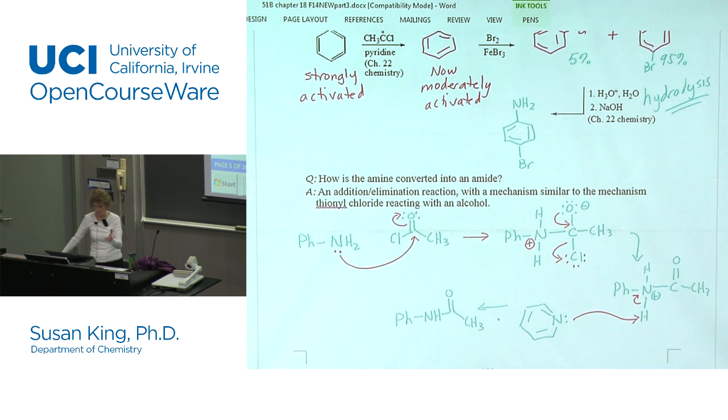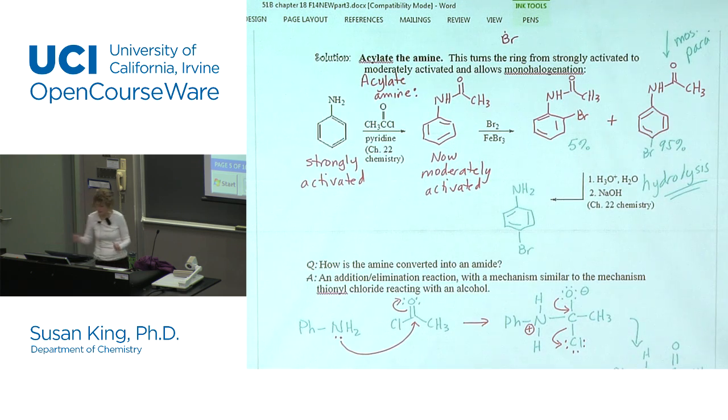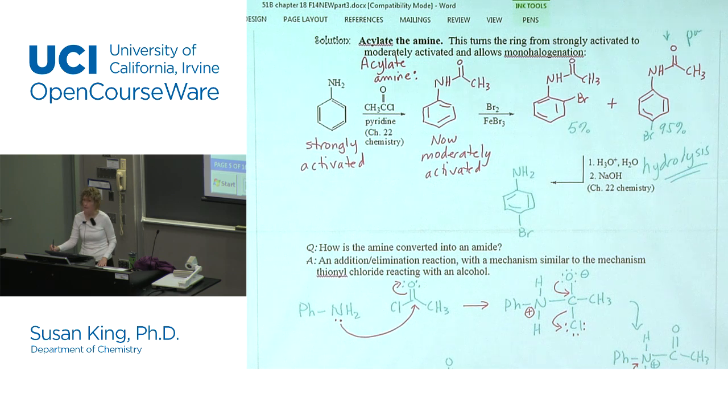AlCl3, right? So two different things. Acid chloride with pyridine puts it on the nitrogen. Acid chloride with aluminum trichloride puts it on the benzene ring. Definitely make sure you get those straight in your head. All right, questions? Anybody?